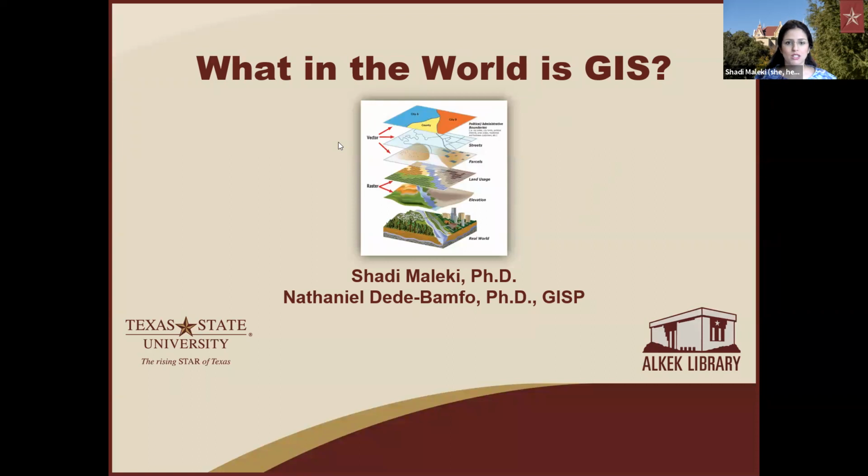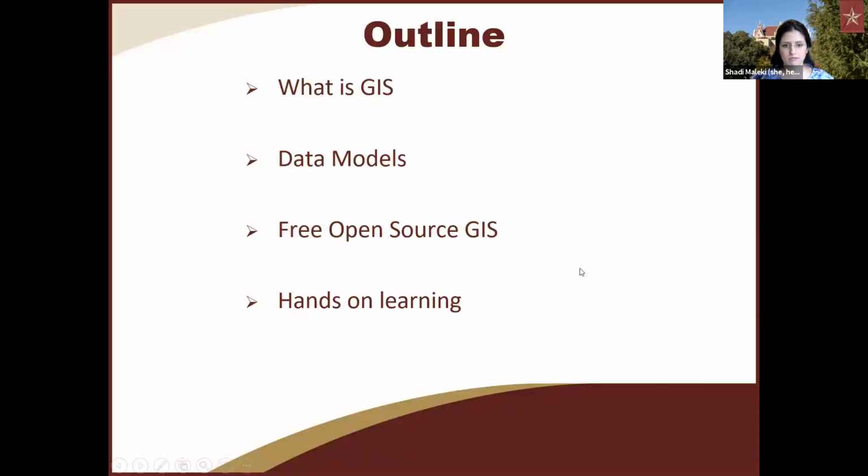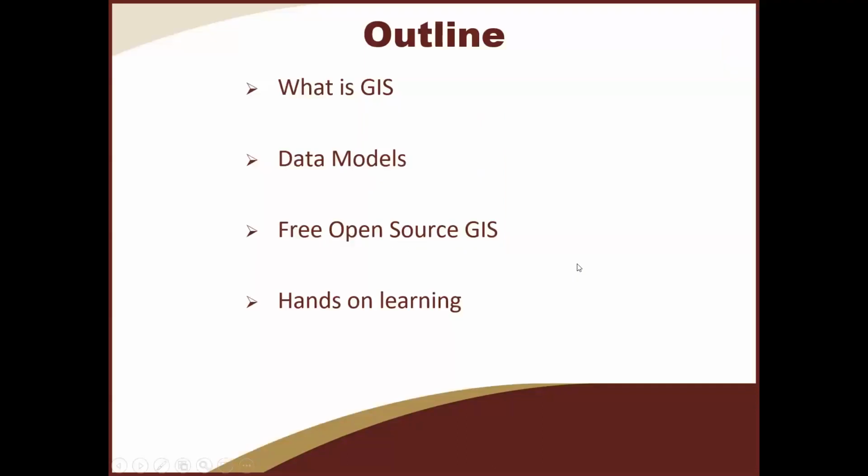So this workshop is called What in the World is GIS? Practically it's going to be an introduction about what GIS is and how we can use it in a free manner, without the help of paid software or very expensive software. So first, this is an outline.